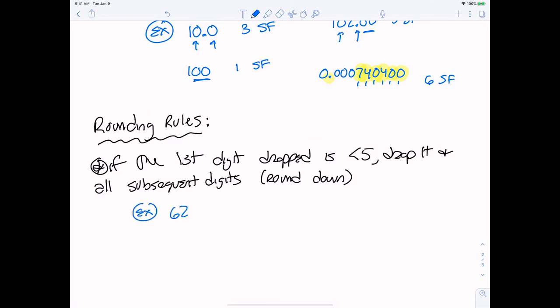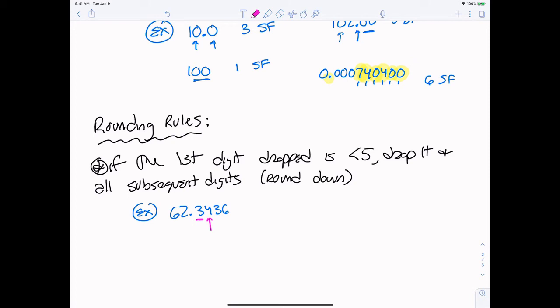if I had 62.3436, and let's say we wanted to round this to 3 significant digits. So 3 significant digits mean I want to end it right here. So 4 is going to be the first digit that I drop, right? I want to keep 3 significant digits, and I'm just picking 3.